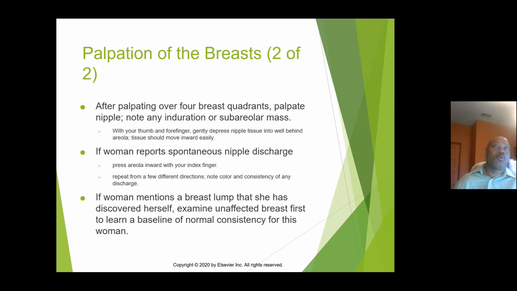For example, if a patient was to present to you with a breast lump, the question would want to know, do you know the process? And of course, you would know by reading this that you look at the baseline or the normal first, and that way, when you assess the other breast, which is supposedly abnormal, then you'll be able to see that deviation. And that information is on page 390, by the way.